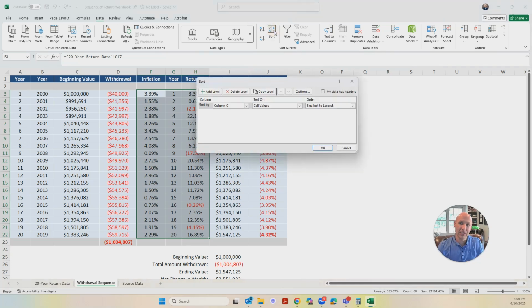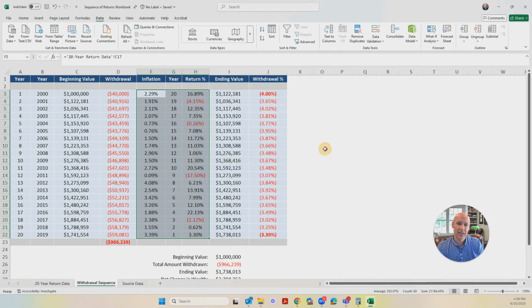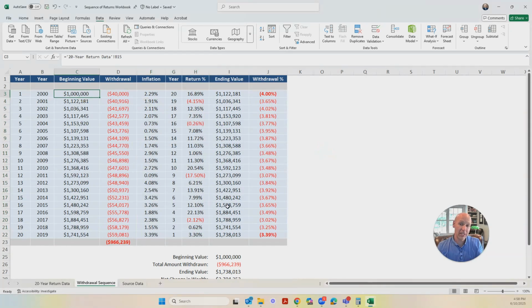And again, how we do this is we just go up to data sort, and we're just going to sort by column G, which are the number of years, and we're just going to go from smallest to largest, but now we're going to go largest to smallest, and we're taking the inflation and the returns with us. So now the $1 million grows to 1.7 million.